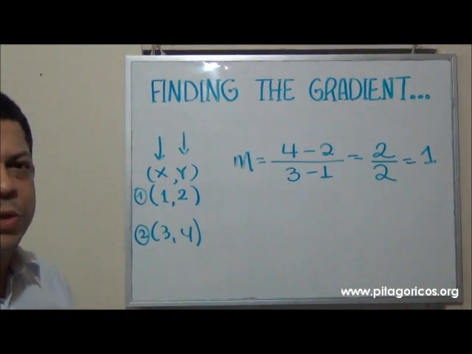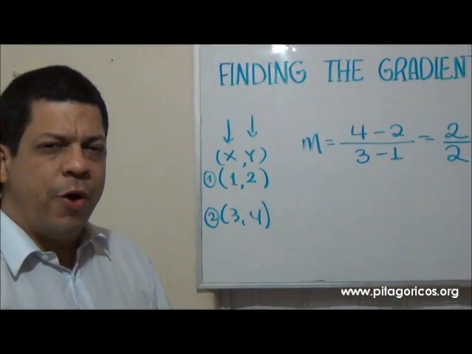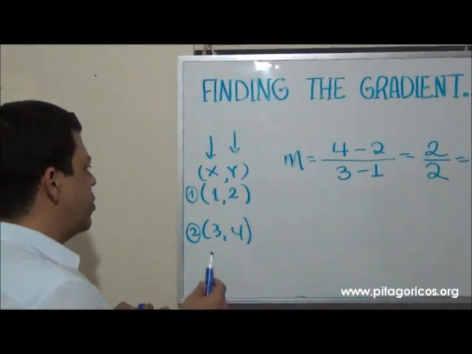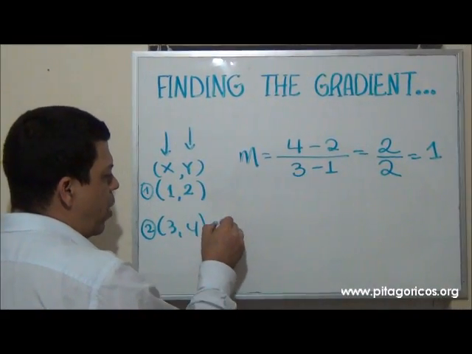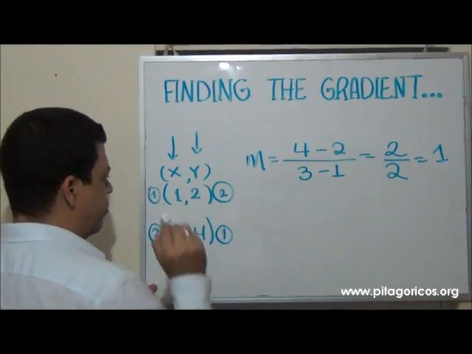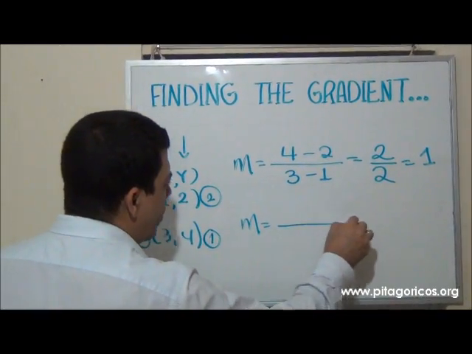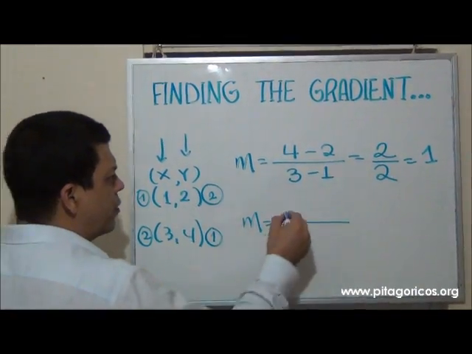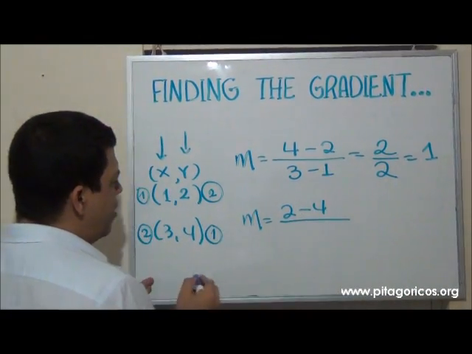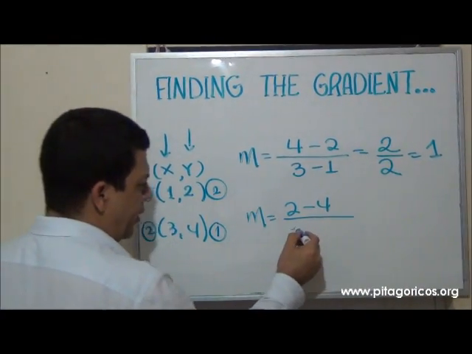But let's suppose that you take the order in a different way. Let's suppose that you say, well, this is going to be my point 1 and this is going to be my point 2. So, if you try it in a different order, you do it like 2 minus 4 divided by 1 minus 3.